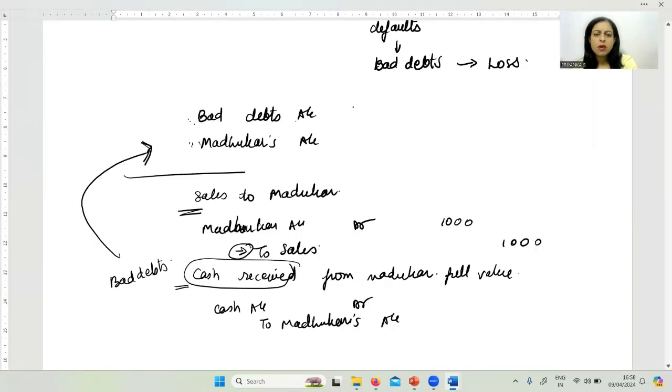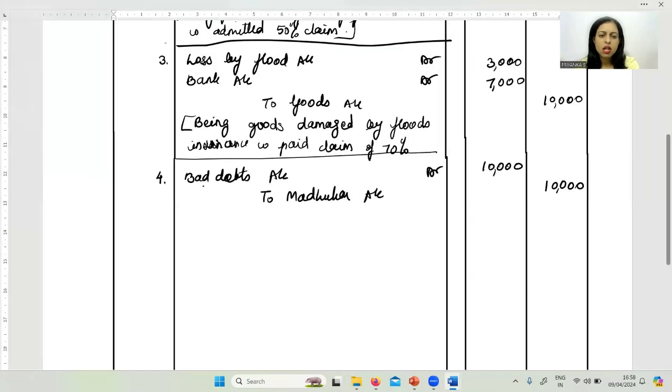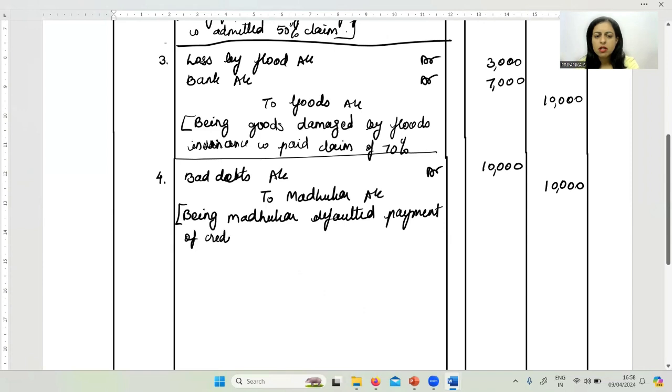Hope this part is clear, why we took bad debts and Madhukar's account. Now let's write the narration: being Madhukar defaulted in payment of credit sales and amount not recoverable.